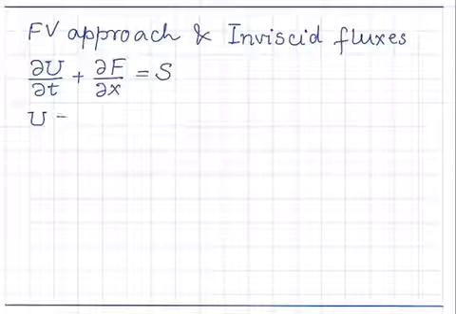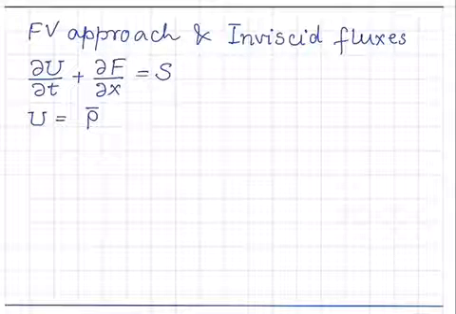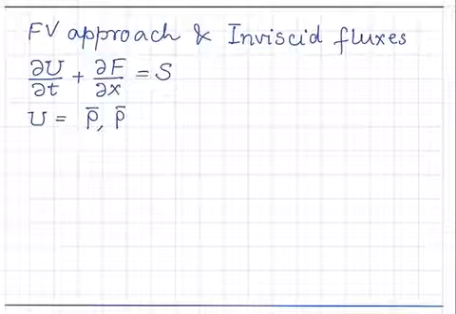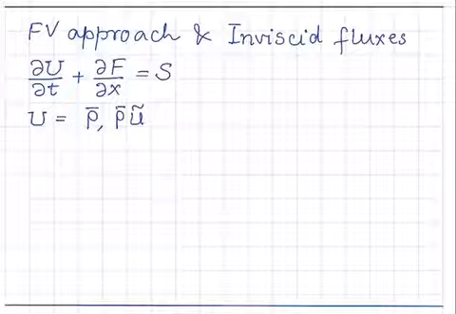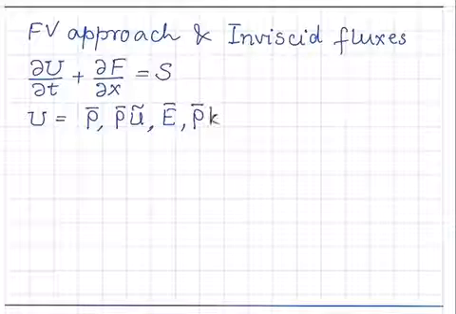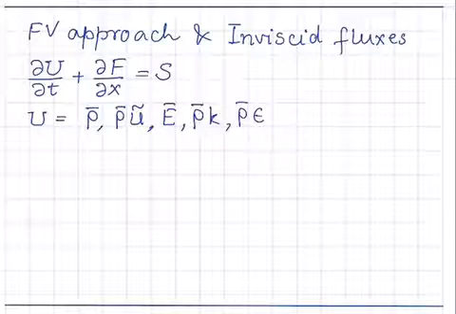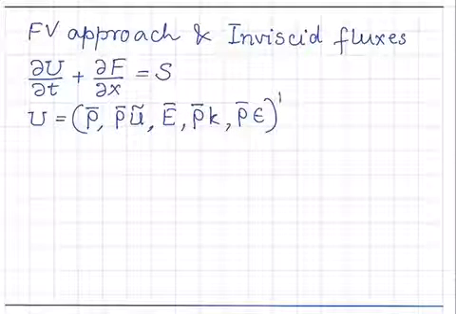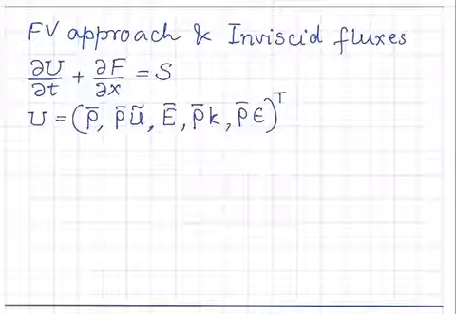U is defined as rho bar as the first entry, rho bar times u tilde for momentum, E bar for energy, rho bar k, and rho bar epsilon for the 2 turbulent quantities.